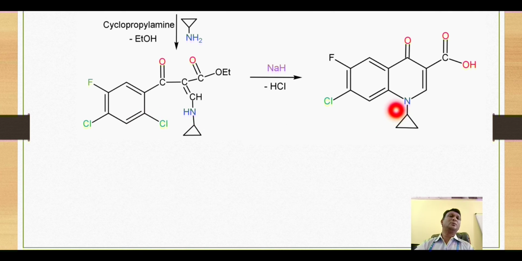So you can find here that the attachment of carbon and nitrogen takes place over here. The cyclopropyl group is on the nitrogen. This CH and this doubly bonded carbon are this one. The CO group is here, and COOEt group is then converted into the corresponding carboxylic acid group by removal of one ethanol molecule.